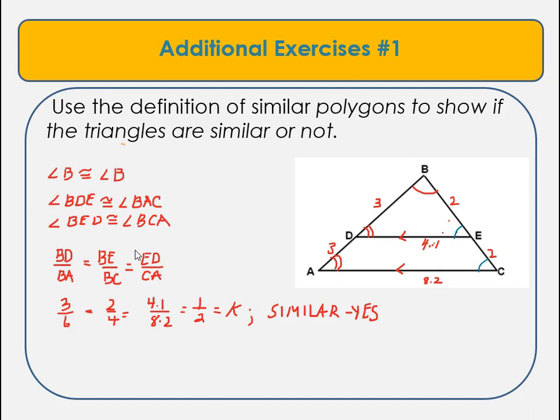BD is to BA as BE is to BC, and ED is to CA.